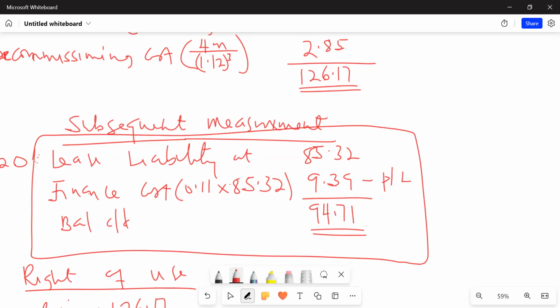So the amortization table, you can also start with this one. You start with the lease liability as 35 plus 85.32. This is the amount that you're supposed to pay for the asset, but you have already paid 35. So before you charge the interest, you take the advance payment, which I've already taken, and I have the 85.32.